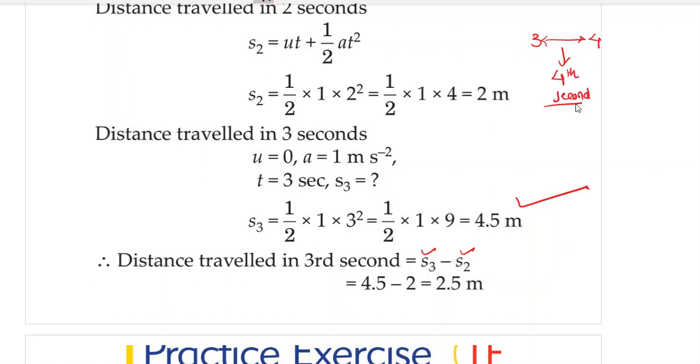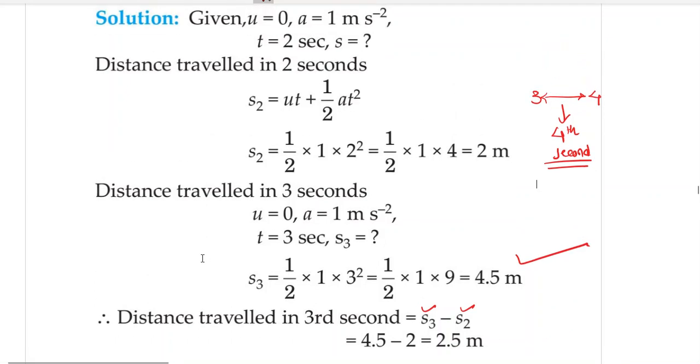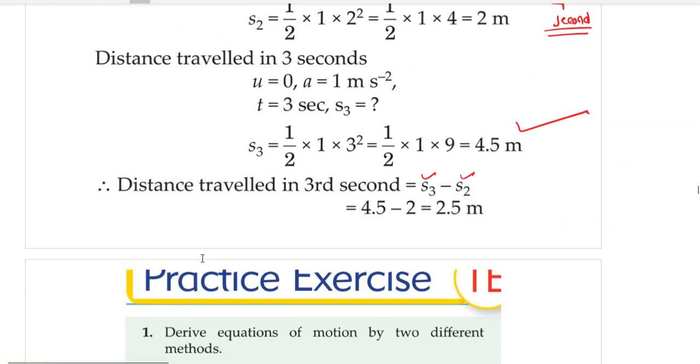But don't worry much about this problem. Very few problems are like this in your exercise or textbook, and they don't ask these kinds of questions in the exam. Still, we learned something: if we want to find the distance traveled in third second, you have to subtract S3 minus S2. I did S4 minus S3. So that was my mistake. I hope you learn from my mistake now.